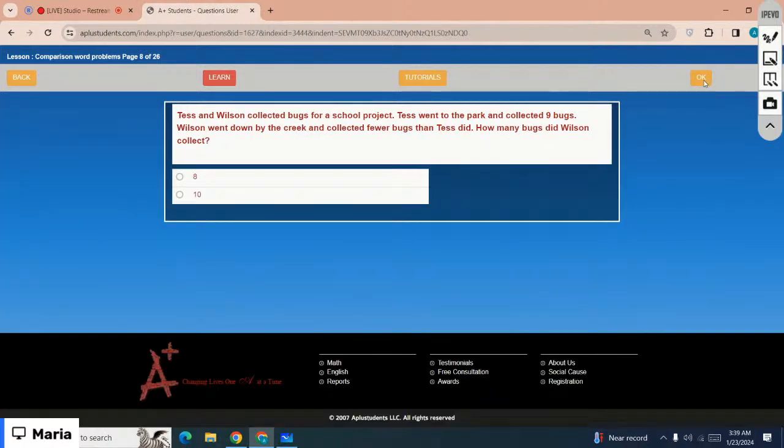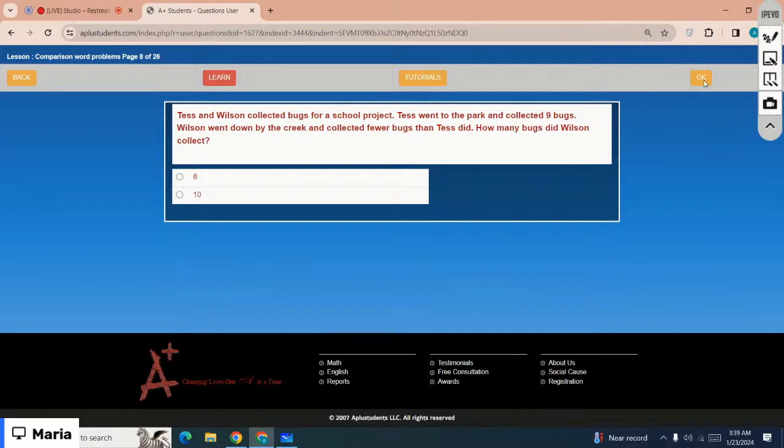Tess and Wilson collected bugs for a school project. Tess went to the park and collected 9 bugs. Wilson went down by the creek and collected fewer bugs than Tess did. How many bugs did Wilson collect? Which is the correct option? Tess collected 9, right? And the question says Wilson collected fewer than Tess.